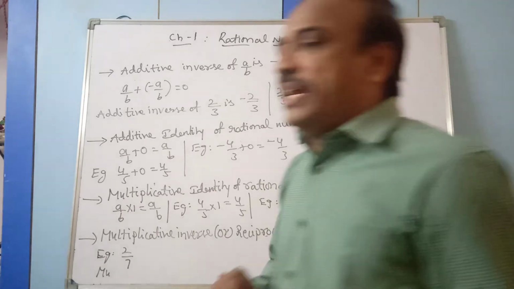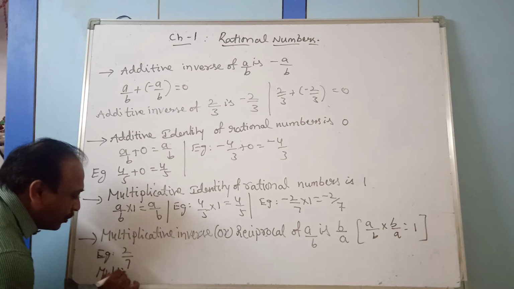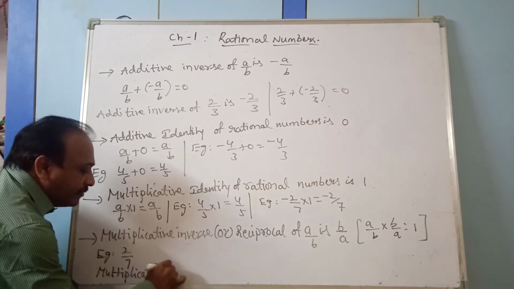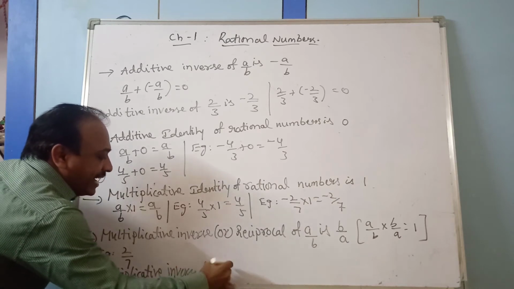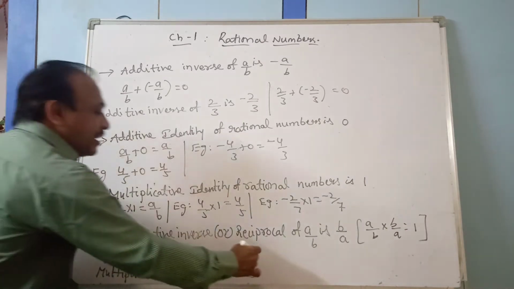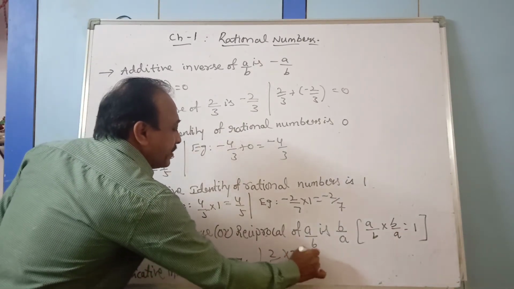So the multiplicative inverse of 2 by 7 is 7 by 2. Why? 2 by 7 into 7 by 2 will give you 1.